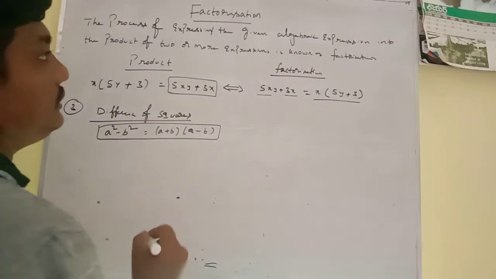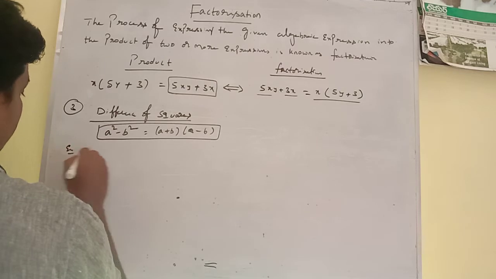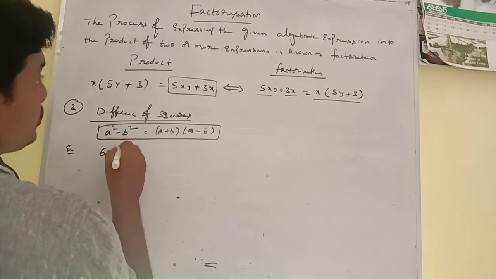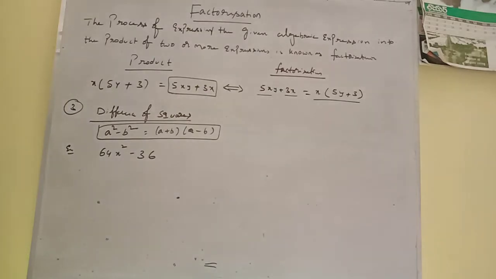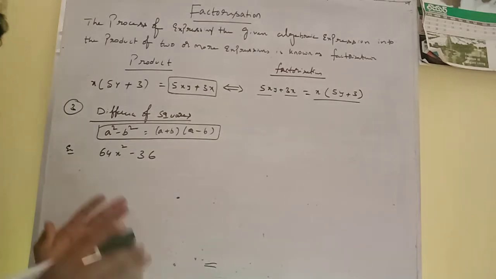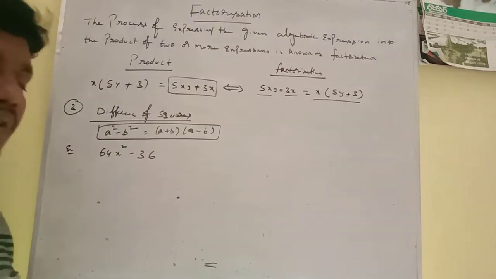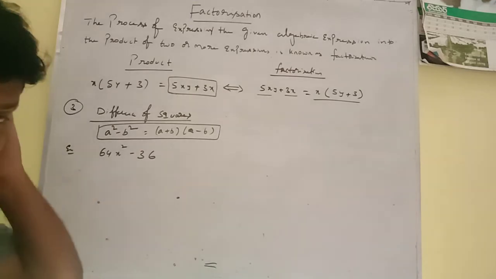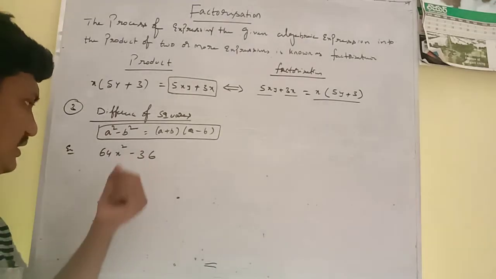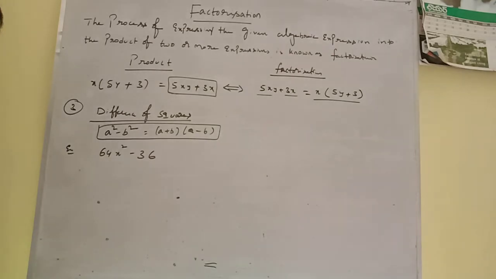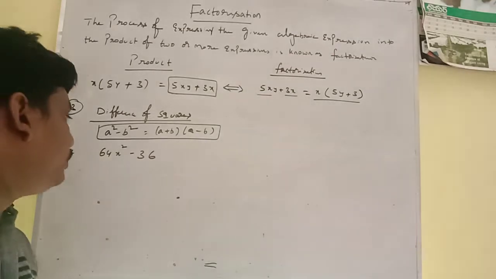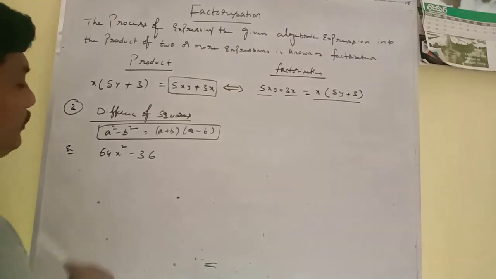Let me see the first example: 64x square minus 36. By observing these two, there is actually no common factor, but 64 and 36 may have a common factor, 4.